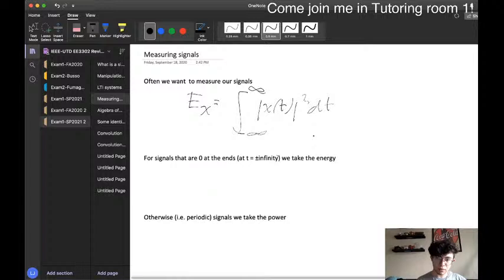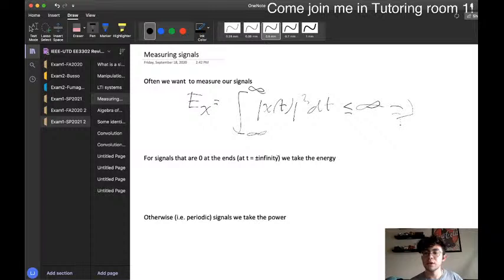If this integral converges and is finite, then we'll say that our signal x is what's called, why did my tablet stop writing? Okay, there we go. So we say that x of t is an energy signal.